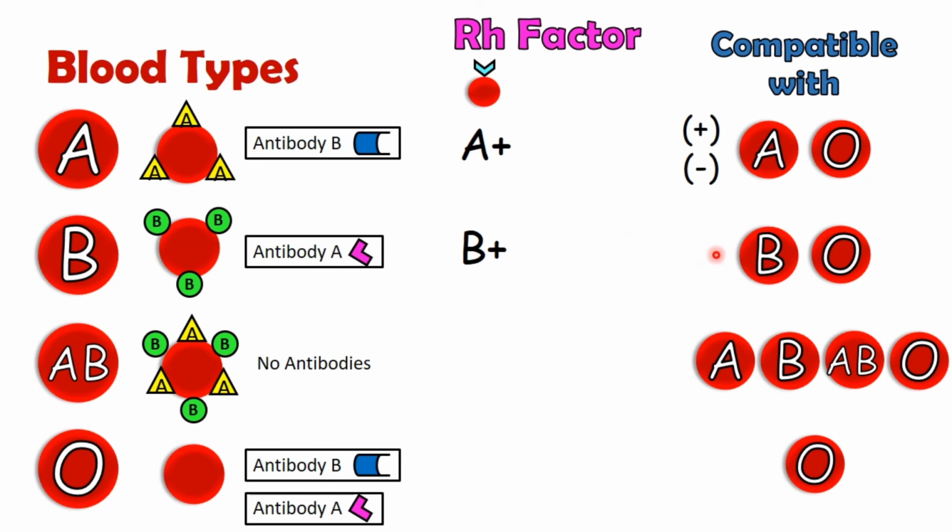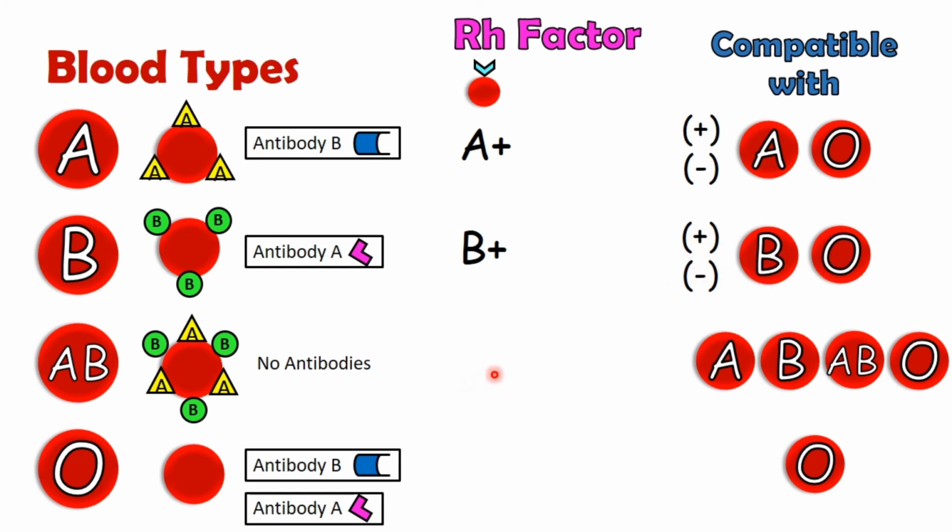So B positive will be compatible with plus or minus from the B blood types and also the O blood types, meaning that it will be compatible with B positive, O positive, B negative, and also O negative. It will receive from both of these kinds of blood types.